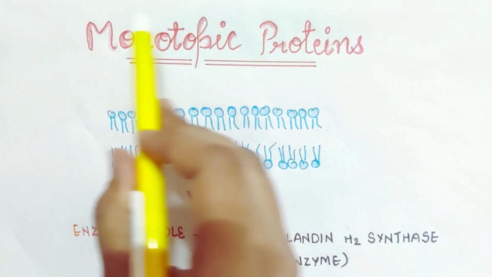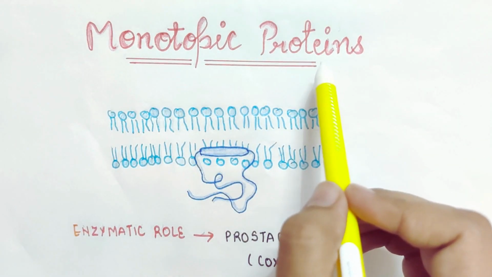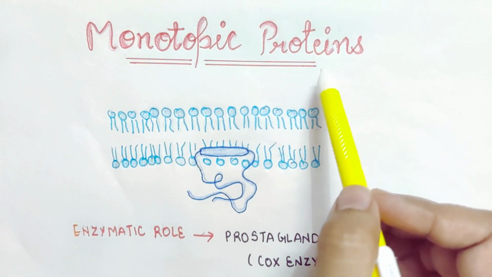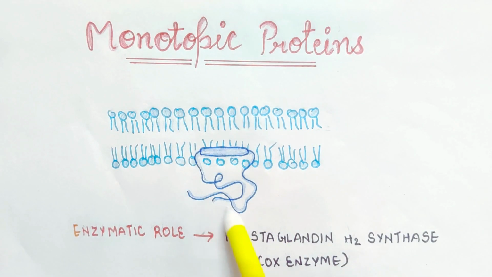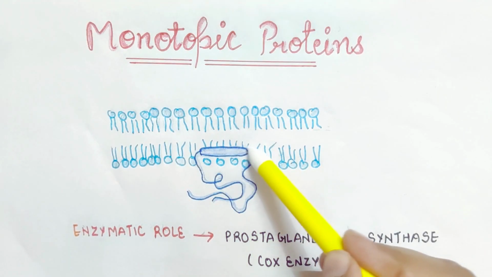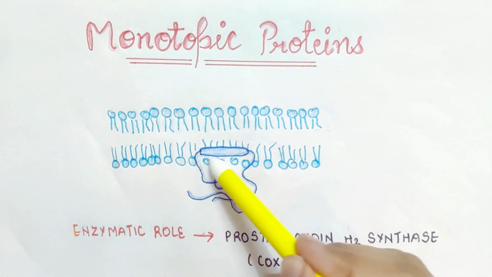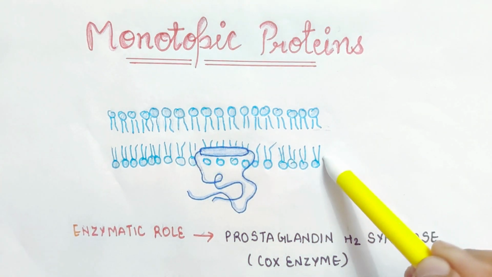Now let's understand these monotopic proteins. These proteins are not as common as transmembrane or lipid anchored proteins. If you look here, this is a monotopic protein. These proteins have an alpha helical polypeptide chain which inserts or penetrates into one leaflet of the cell membrane.